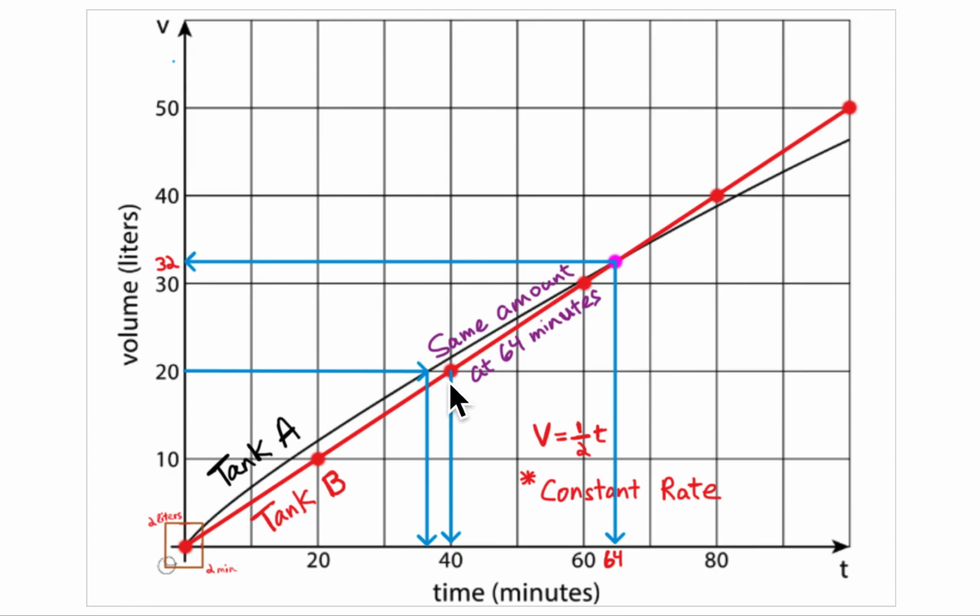So at 20 liters, they're almost tied, and they actually are even at 64 minutes. So in 64 minutes, they both have 32 liters. So they both are at the same point after 64 minutes. That's like the turtle is finally caught after 64 minutes of the race. The turtle has finally caught the rabbit.